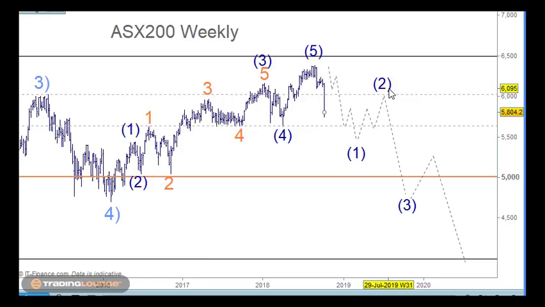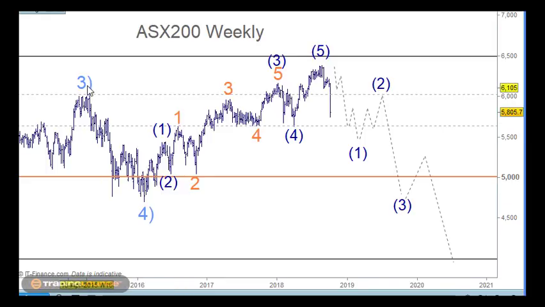I may be able to come to an answer to this before we get here, based on other indices and also stocks within these sectors as well. The other count for this too, with this moving down through here, I've never really been happy with the wave 3 and 4 moving to the upside here.